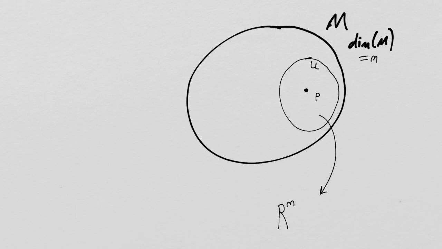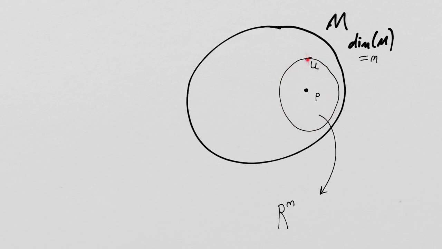And just to be really clear, I don't know who's approaching this video from what level, but this fact, the fact that you can create this chart around every single point in M, means every point in M will have some chart.